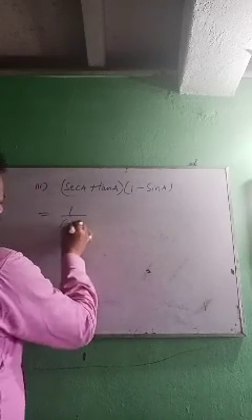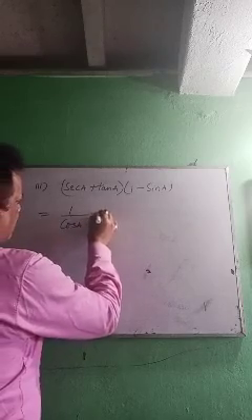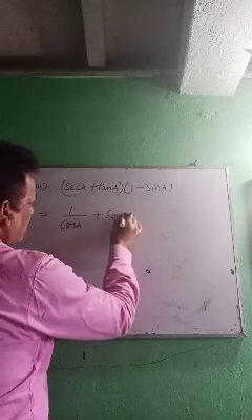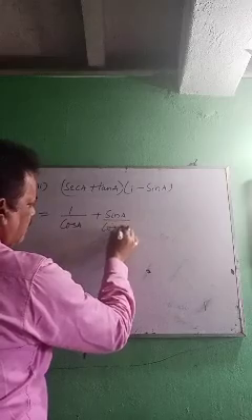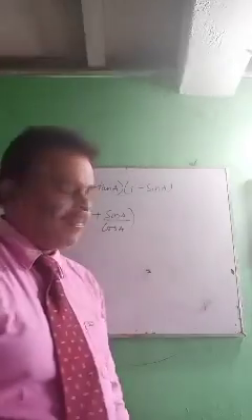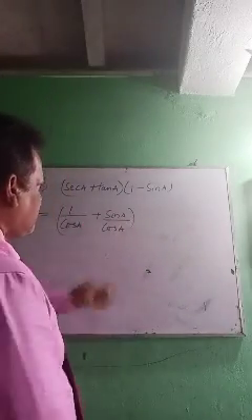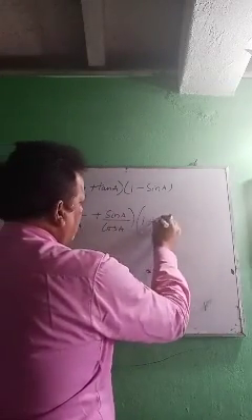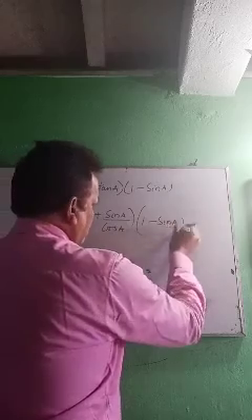1 by cos a plus sin a by cos a, because sec is 1 by cos a, into 1 minus sin a.